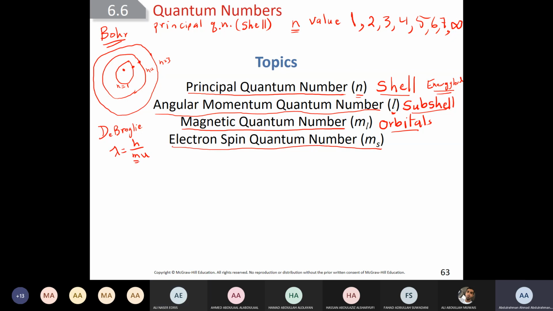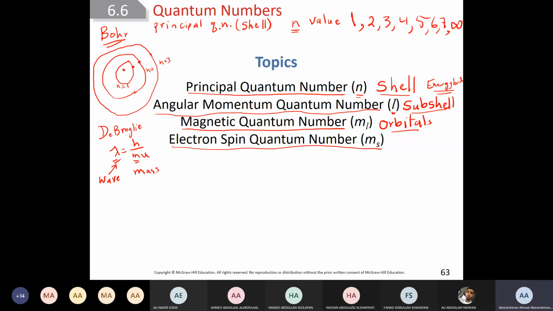Mu represents the momentum, m represents mass. This means it's a particle, and lambda represents the wavelength. This means you can change particle into waves, or waves into particle. This is clear by this equation.